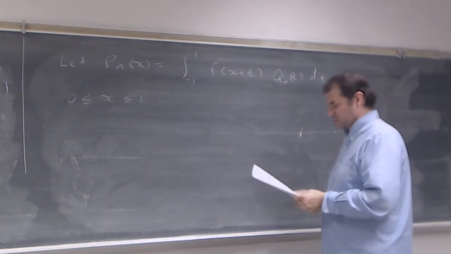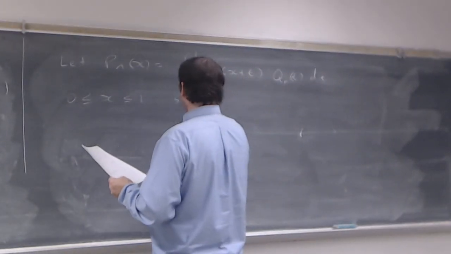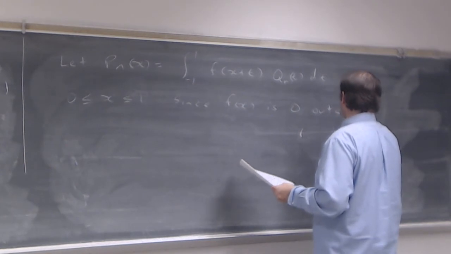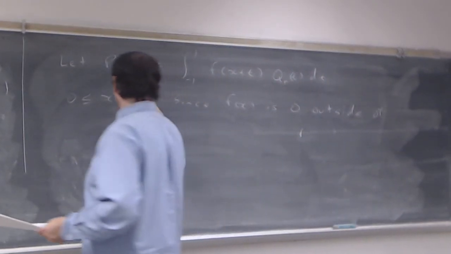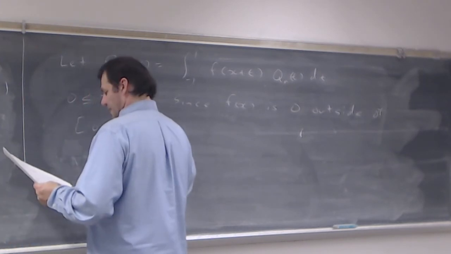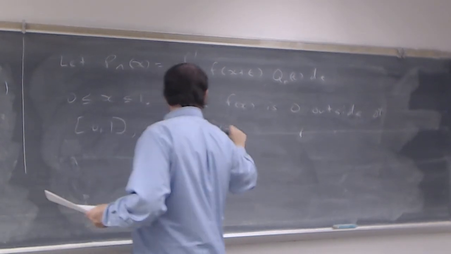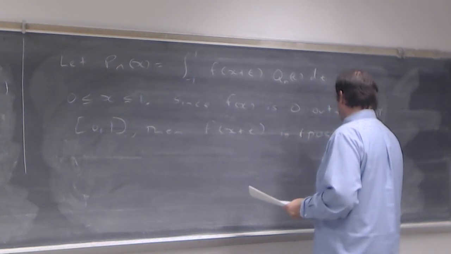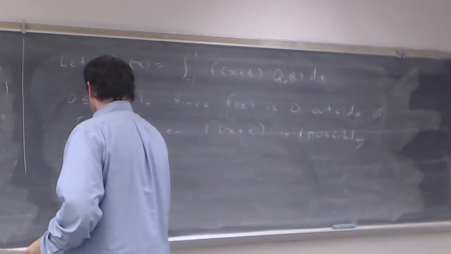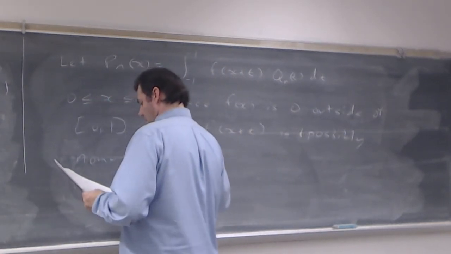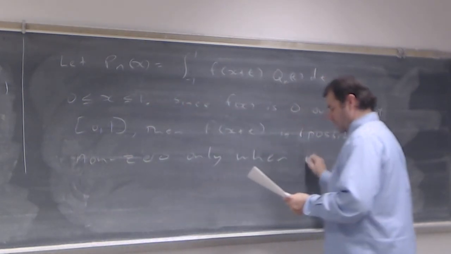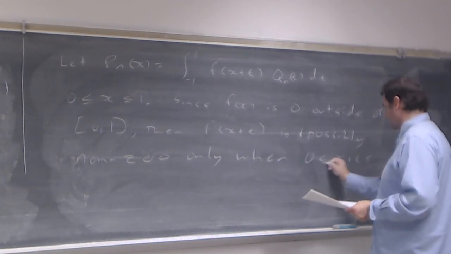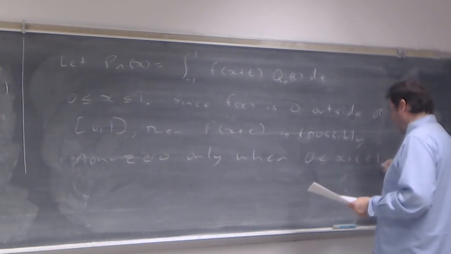Run here. And so here's what I want to do. I want to tell you that since f of x is 0 outside of the interval from 0 to 1, then f of x plus t is possibly non-zero only when 0 is less than x plus t is less than or equal to 1.